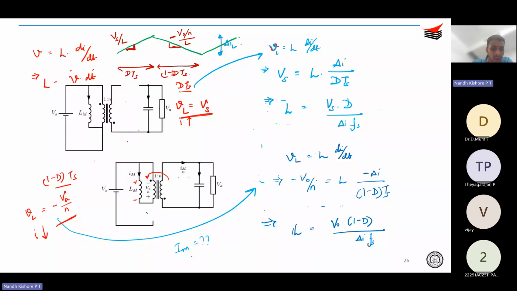In this problem, we saw how to derive LM. So all of this was explained using capacitor charge balance and directly from the inductor volt current relation.